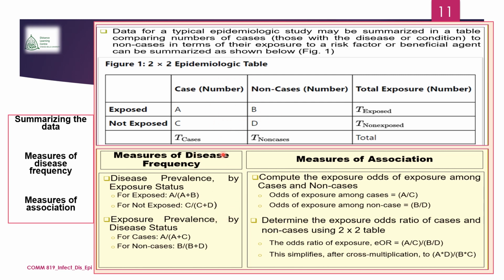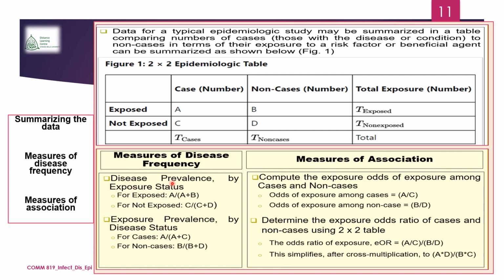One of the pieces of information that can be deciphered from this table is measure of disease frequency. We have disease prevalence by exposure status, and we have exposure prevalence by disease status. They are two different things, take note.